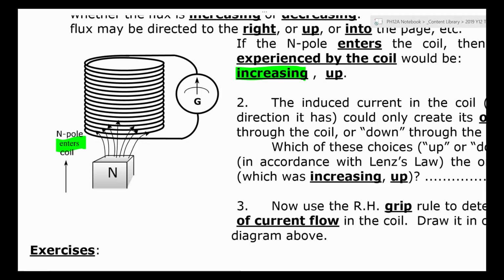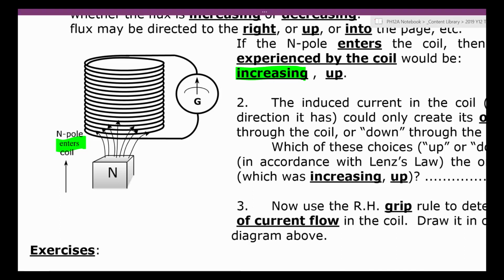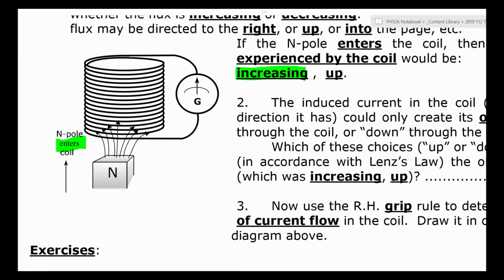The next thing that we need to use to describe it, still the same rule, talking about how the magnetic flux changes, is the direction. The direction of the magnetic field comes from the direction of what's happening with the magnet. You can see those arrows there, they're pointing upwards. That's why this is increasing up. That's step number 1: think about the changes in the magnetic flux.